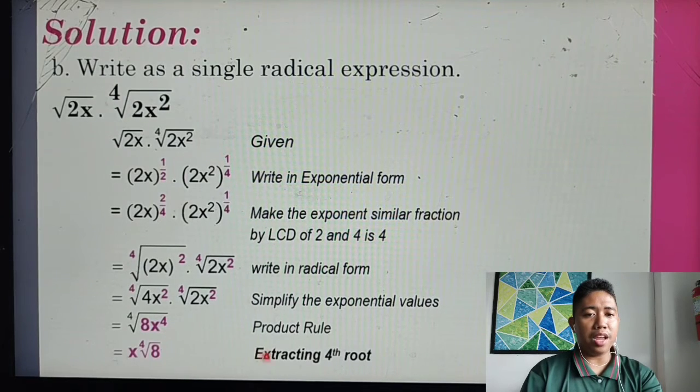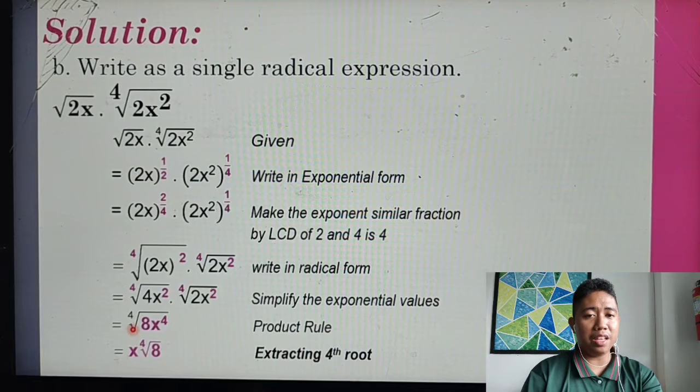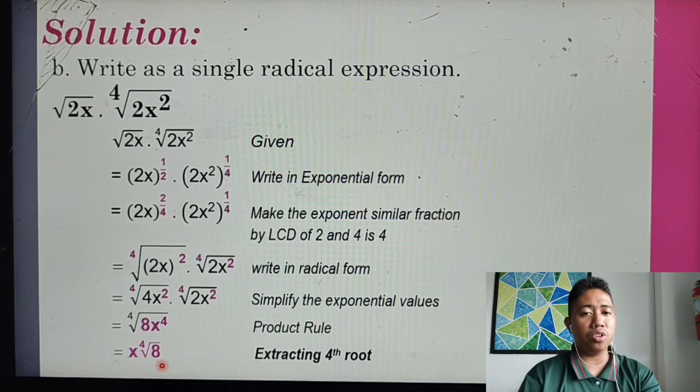Extracting the perfect fourth root, we eliminate x to the fourth power, and it becomes x only. Copy the fourth root, and the remaining factor inside the radicand is 8. So the final answer is x times the fourth root of 8. And that is our final answer.